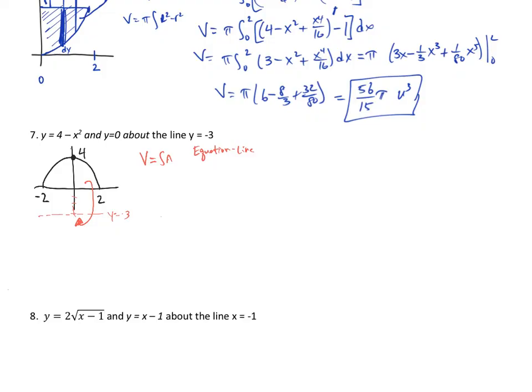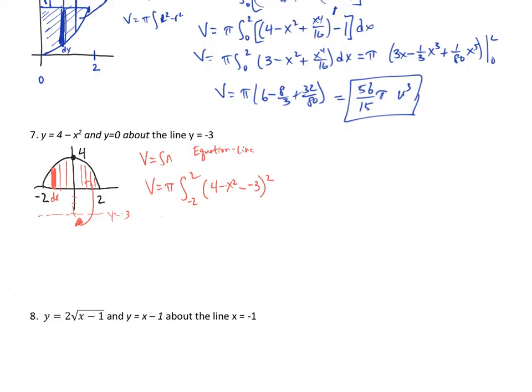Okay, so we've got the equation minus the line of rotation, and we're going to go perpendicular to the axis of rotation, so these are dx's. So the volume is going to be pi times the integral from negative 2 to 2, so our slices go all the way out to 2, from negative 2 to 2. And this is going to be 4 minus x squared minus negative 3, squared.